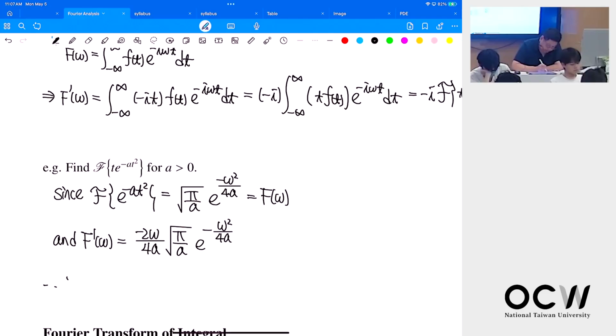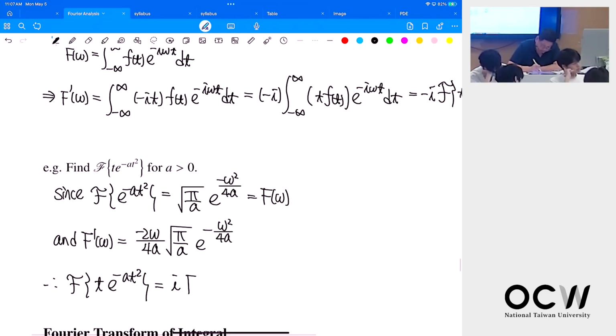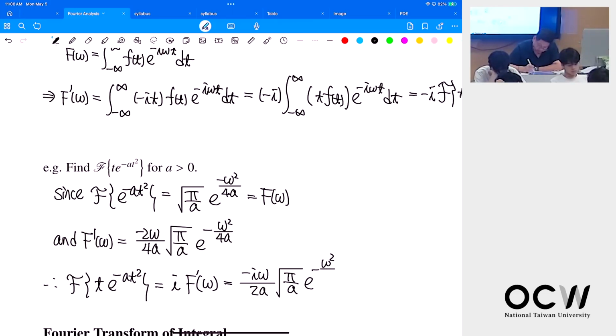So the Fourier transform of t times your function e to the minus a t squared will be i times the derivative of your Fourier transform. So it will be minus i omega over 2a and the square root of pi over a e to the minus omega squared over 4a.